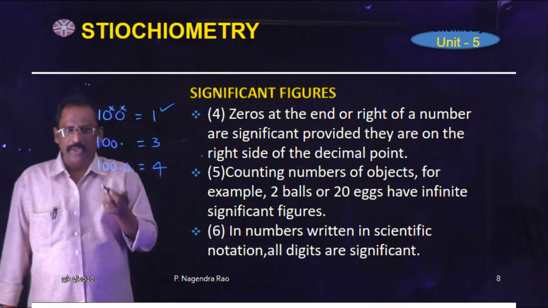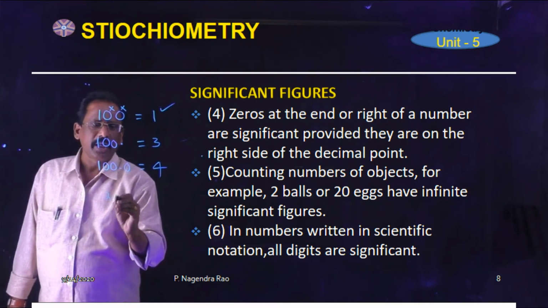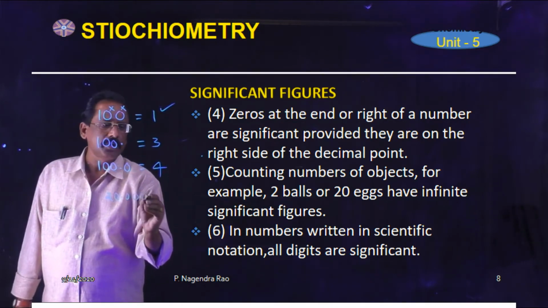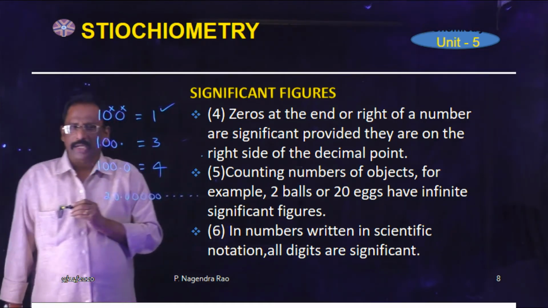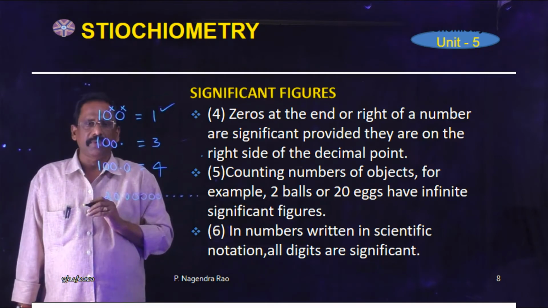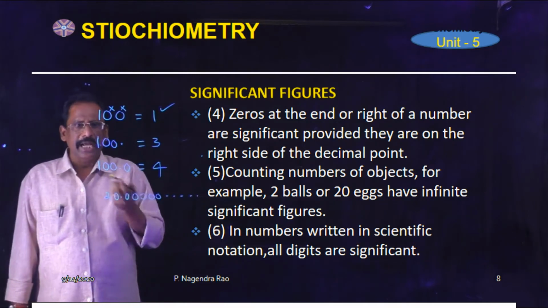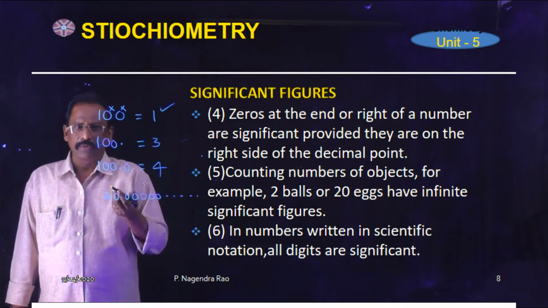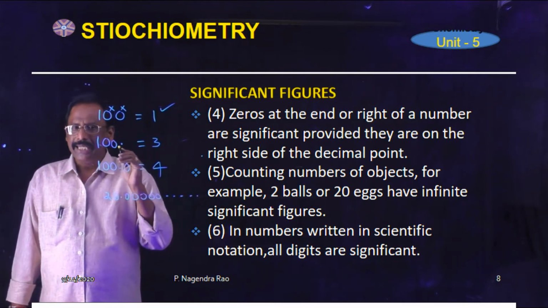And the next rule is, while counting the number of objects, like 20 balls, for example, it is equal to 20.0000 and so on. That means these balls have an infinite number of significant figures. While counting the number of objects, they have an infinite number of significant figures. And a very important rule is, in numbers written in scientific notation, all digits are significant.